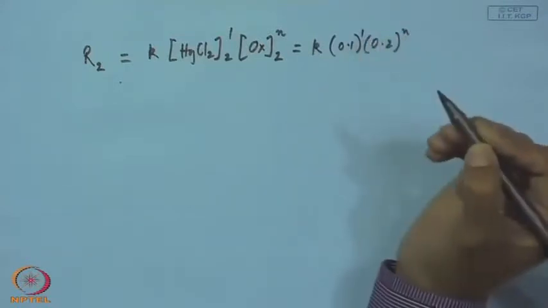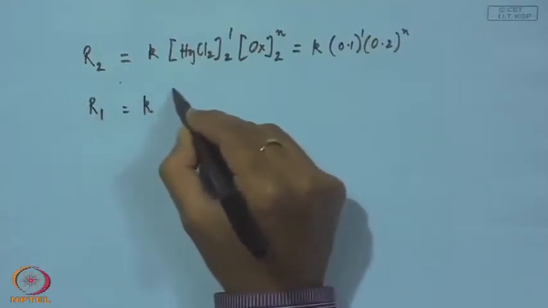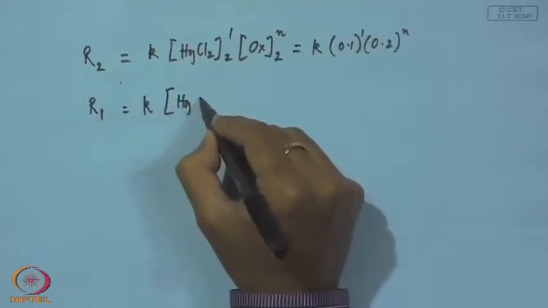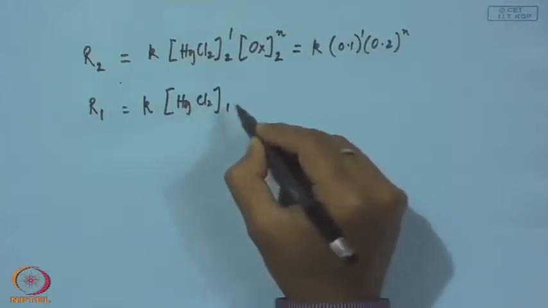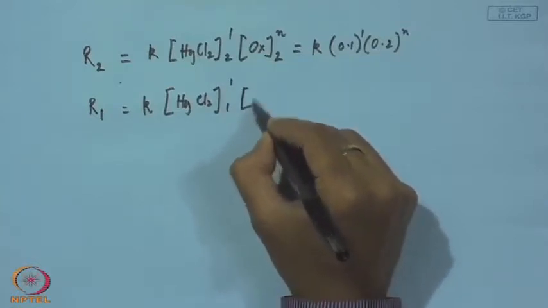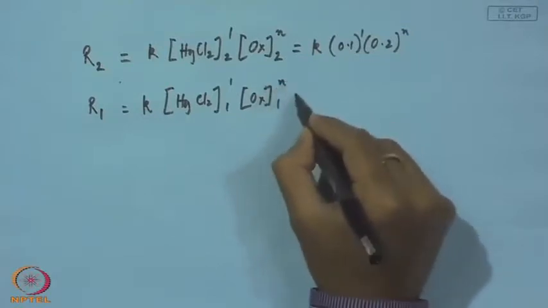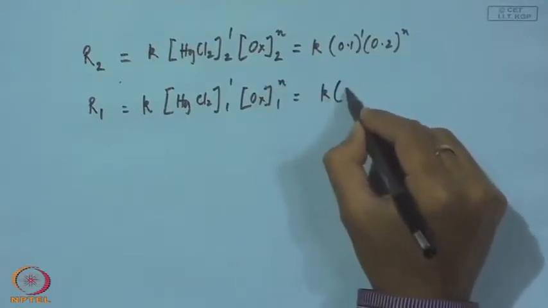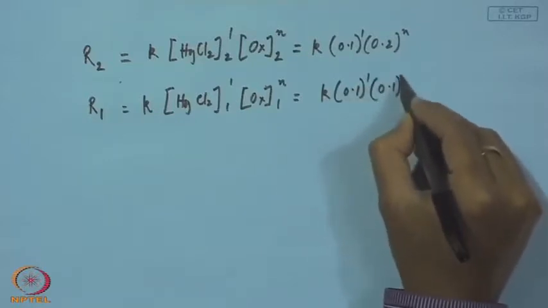In the same way, R1 is equal to K [HgCl2]1 to the power 1, then oxalate 1 to the power n, which is equal to K into 0.1 to the power 1 and 0.1 to the power n.